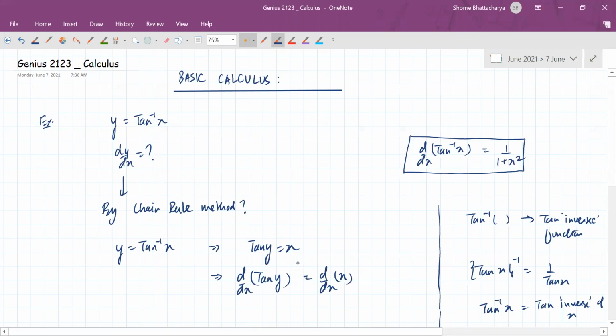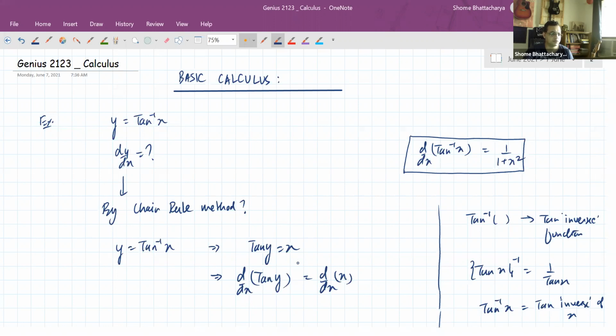Sir, if tan y equals x, that means after it's differentiated, it's also the same. If tan y is equal to x, then differentiation of tan y with respect to x will become 1. Like think of tan y like a new quantity z. z is equal to x, so dz by dx is equal to 1. That is what it means.